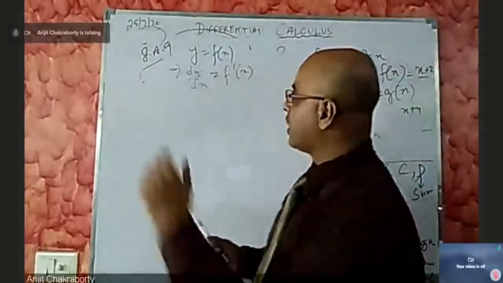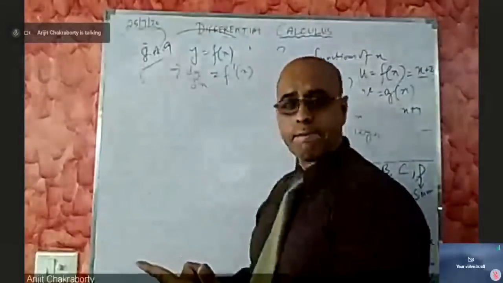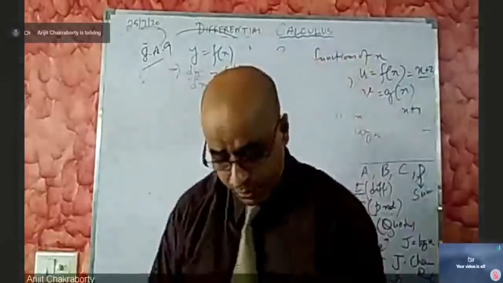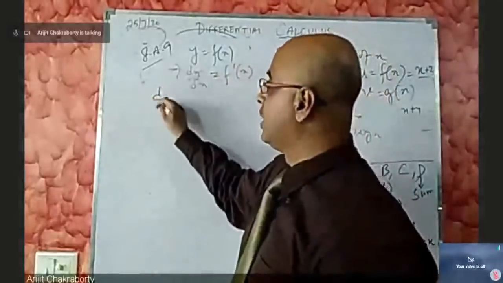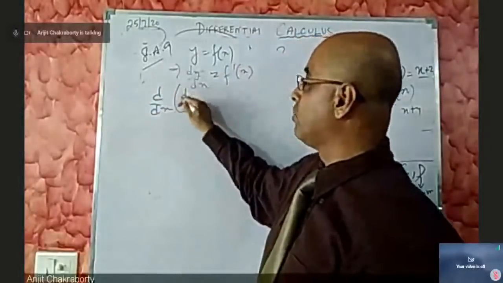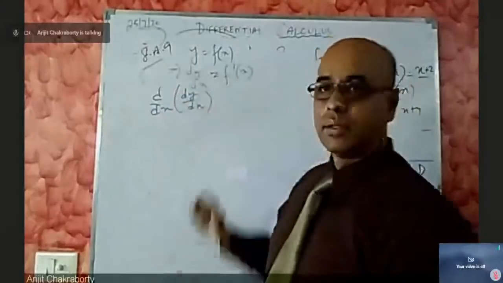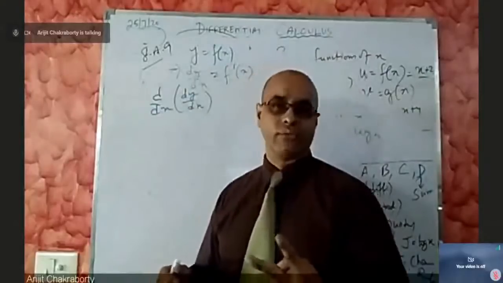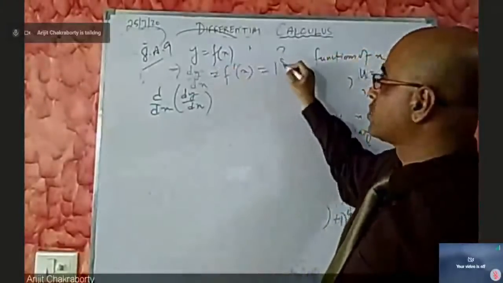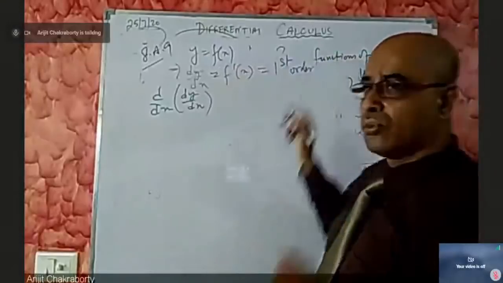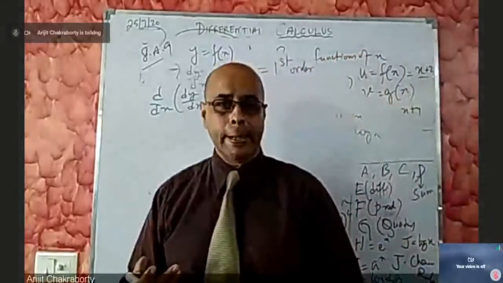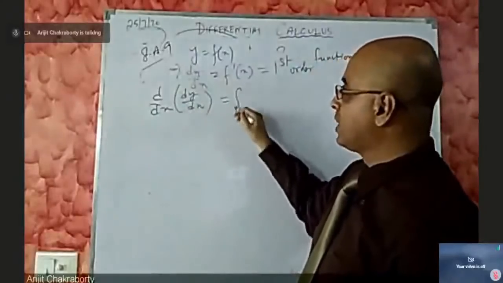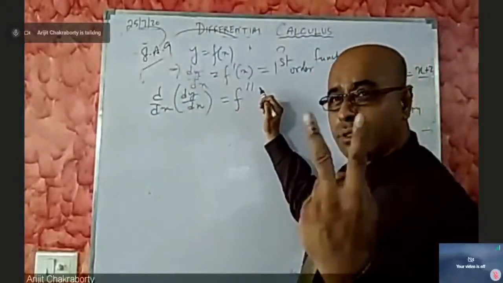But if I tell you to differentiate this once again, that means now I am asking you to do d/dx of dy by dx. In this case, we call it the second order derivative. Only dy by dx is first order, first degree. Now d/dx of dy by dx will become f double dot.